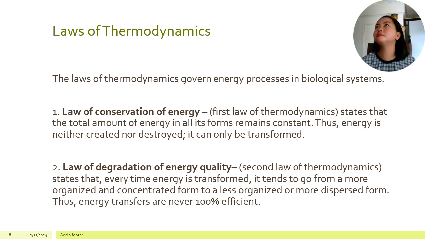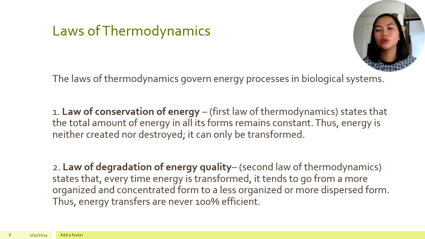So, for example, if we transform solar energy into another form of energy like chemical energy or mechanical energy, the solar energy is not actually being destroyed or created. It's only transformed into another form of energy.